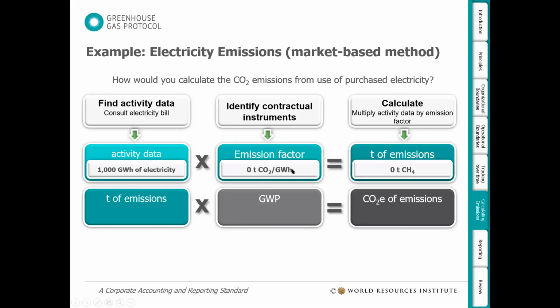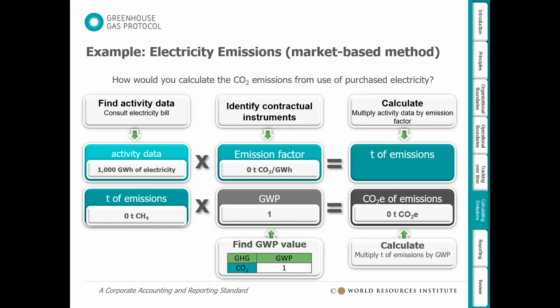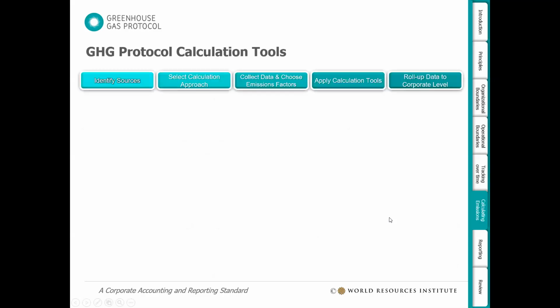Though the emission factors attached to those RECs are 0, okay, so 0 tons of methane. And so then the final emissions total is 0 tons carbon dioxide equivalent.